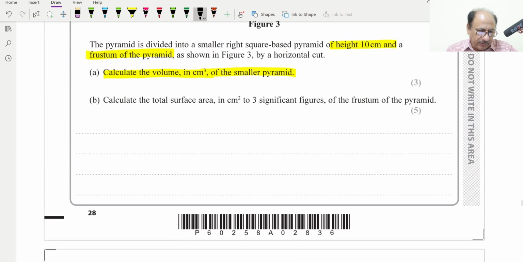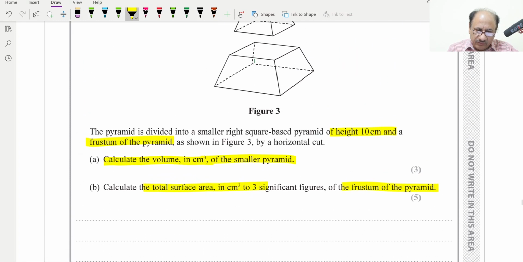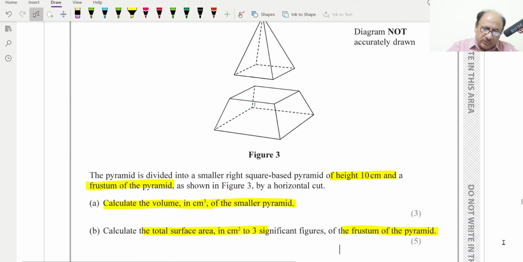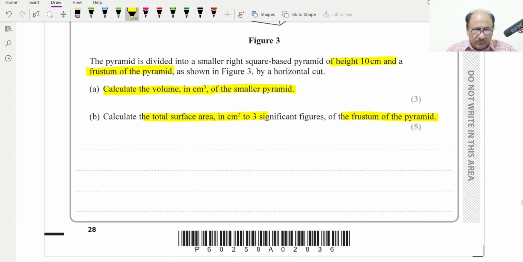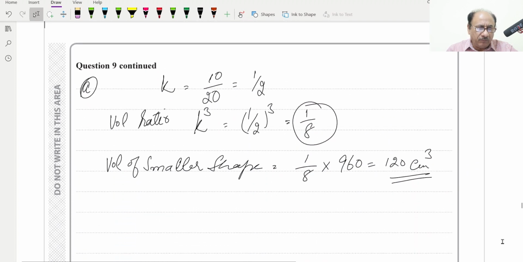Now B part, calculate the total surface area in centimeter square to three significant figures of the frustum of the pyramid. So the total surface area of this lower portion is required. So what we can do, we will take the volume of both the shapes.